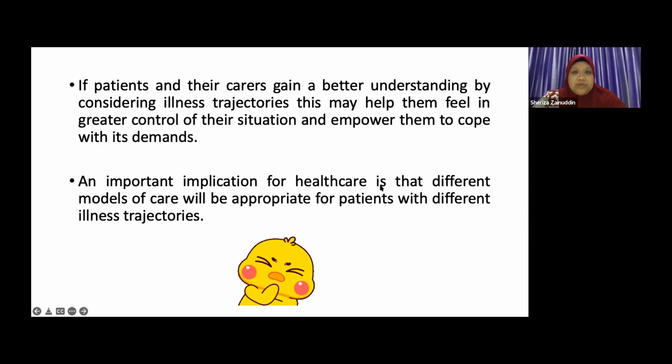So again, with this knowledge, the patient and the carers can better understand why they are feeling certain symptoms, how these symptoms develop, and with this, they have better control of their situation and are empowered to cope with what's going on with them, and also discuss their expectations and values and the care that they would prefer.